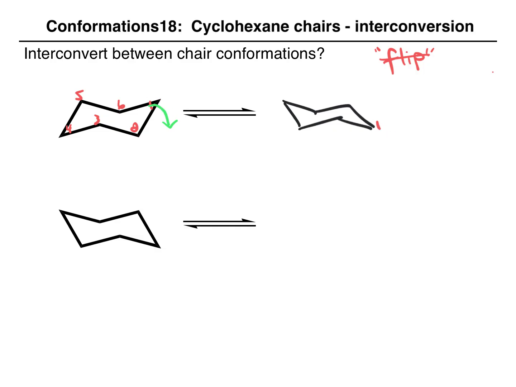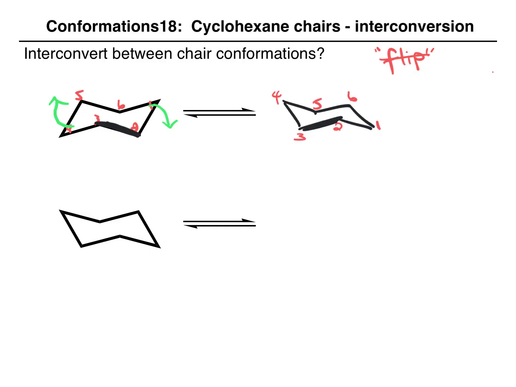And then this is carbon 2, 3, 4, because this folded up so that our footrest became our headrest. And then this is 5 and 6. So remember, this is in front. And when we do the interconversion, when the headrest folds down, when the footrest folds up, this is still in the front.